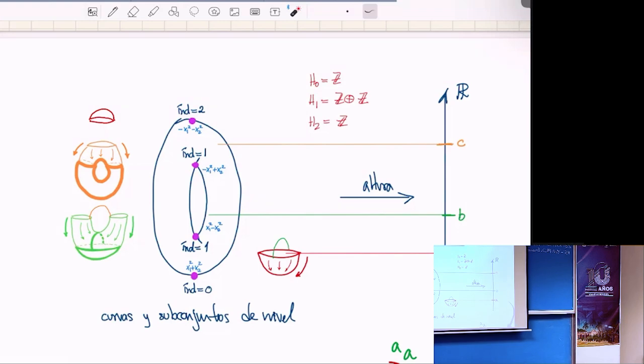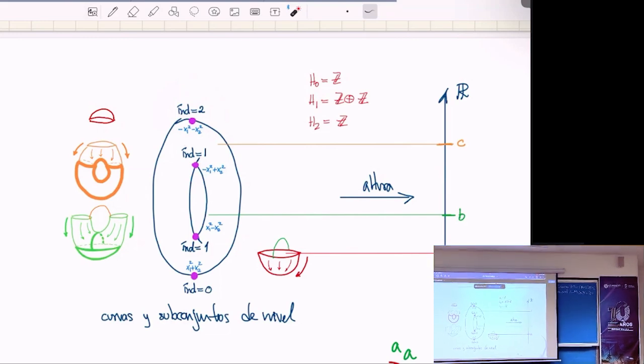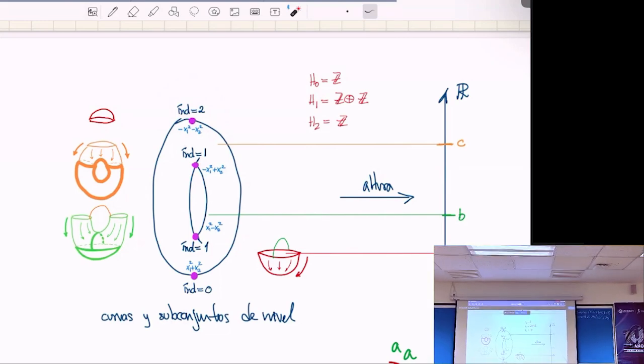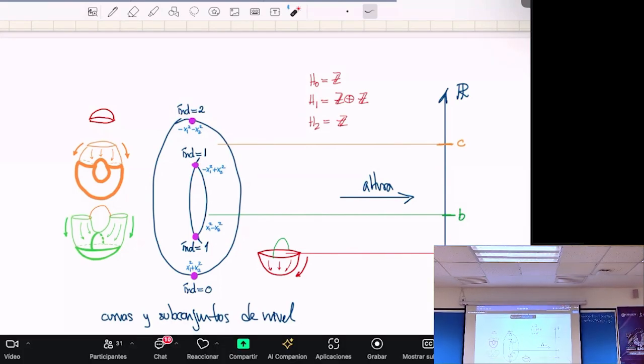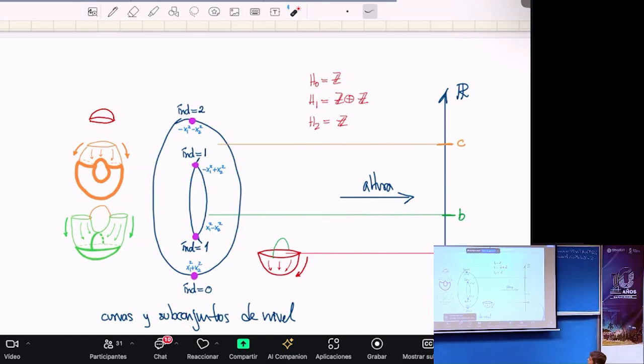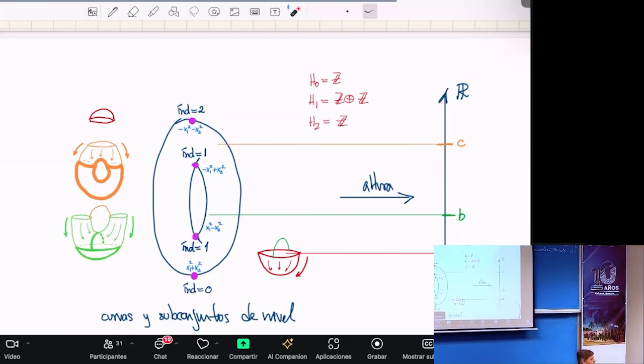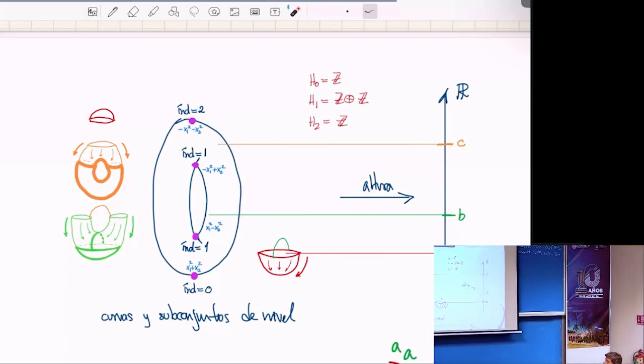And the very top one is a point of index 2, because, well, you can see that locally the function behaves like the negative of what is happening at the bottom critical point. All right, so now we have associated this idea of the index, which is an integer, to these four critical points.